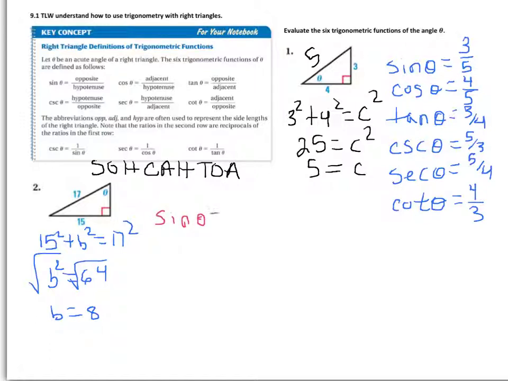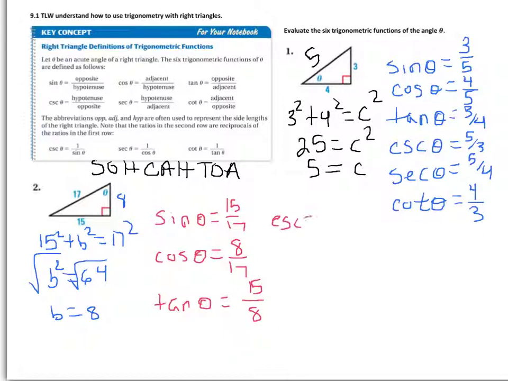Sine of theta equals 15 over 17. Okay. Cosine of theta is adjacent over hypotenuse. Tangent, opposite over adjacent. And then cosecant, flip it.